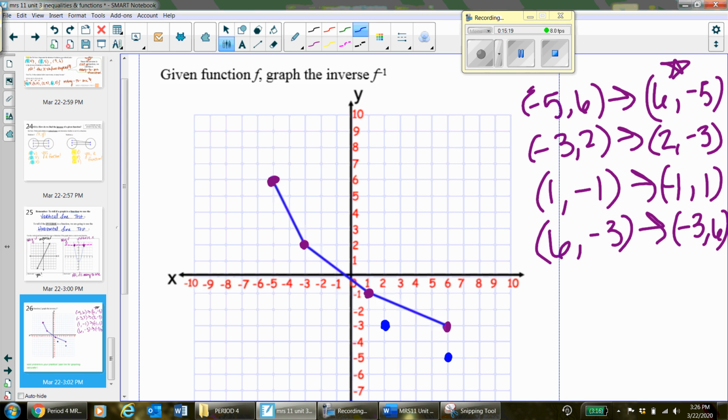I'm going to start to connect the dots as we go along. -1, 1 would be here. And I'm going to connect those dots. And then -3, 6 would be here. And I'm going to connect the last dot.